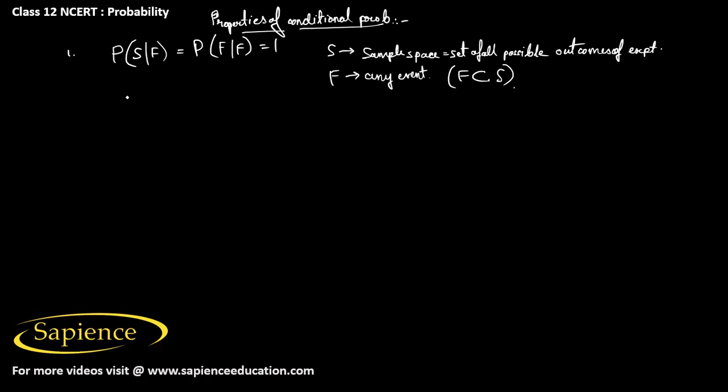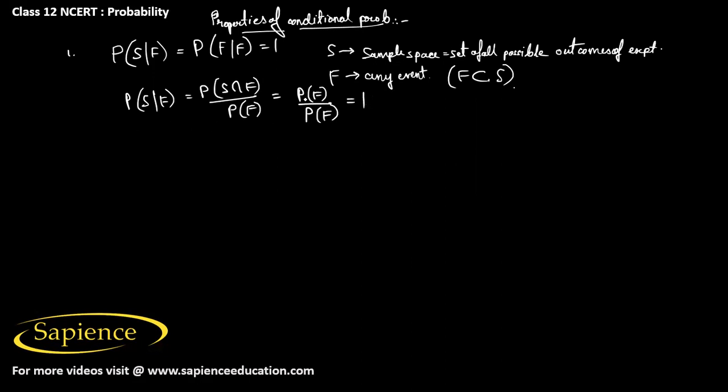So this can be proved in this way: the probability of the sample space given F is equal to the probability of S intersection F divided by the probability of F. Since F is a subset of S, S intersection F will be F only. So it will be the probability of F divided by the probability of F, which is equal to 1.